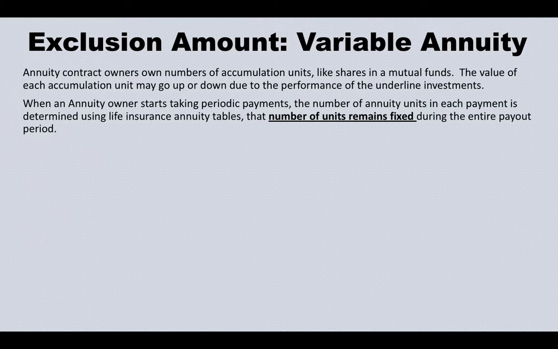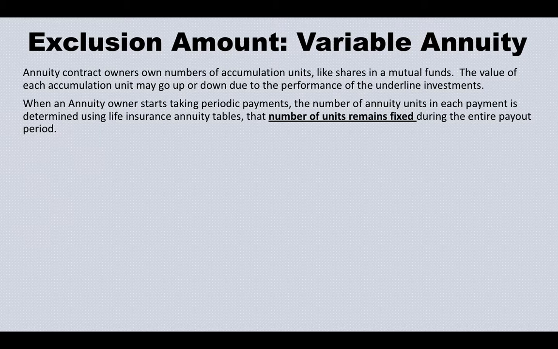At that point, they will determine how many units will be in each of your monthly payments. So you can see the number of units in each payment is fixed. It doesn't matter how much the value goes up or down. The number of units is fixed.